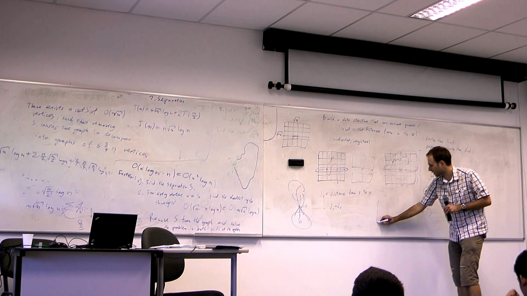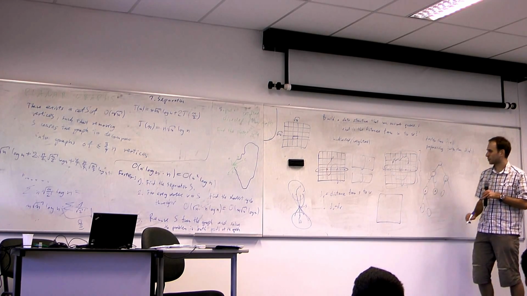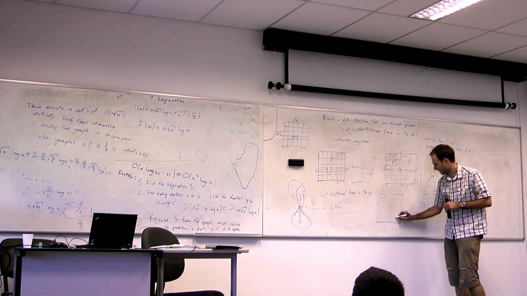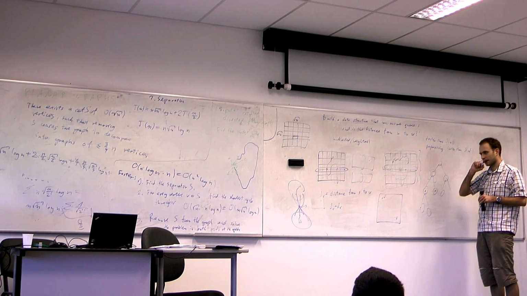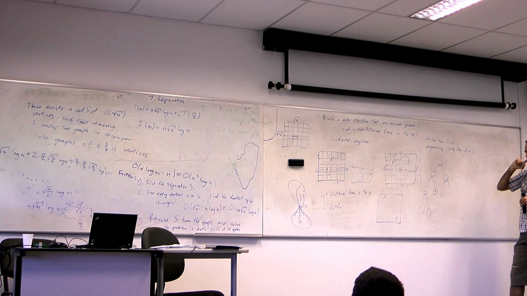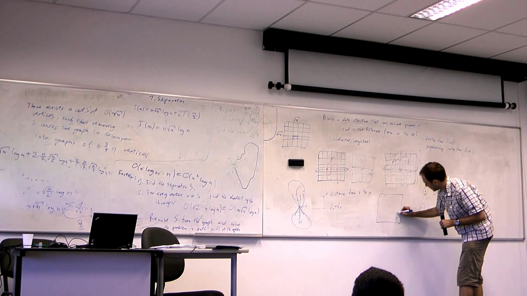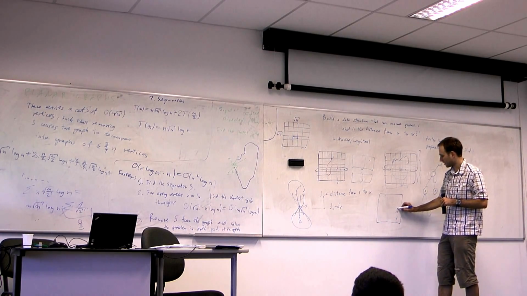Now, when we get a query, we take a look at the structure of our algorithm. So we have U here and V here. Our algorithm found some separator.